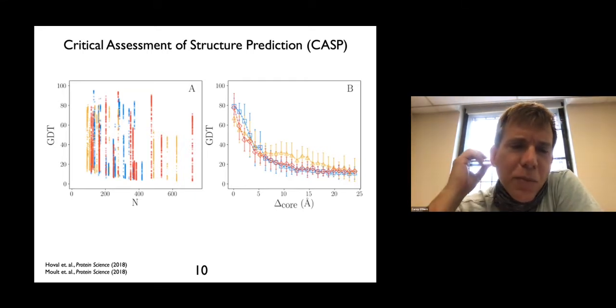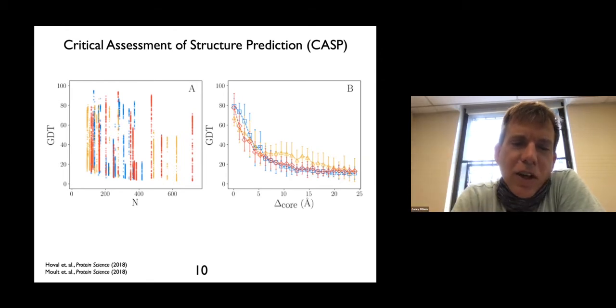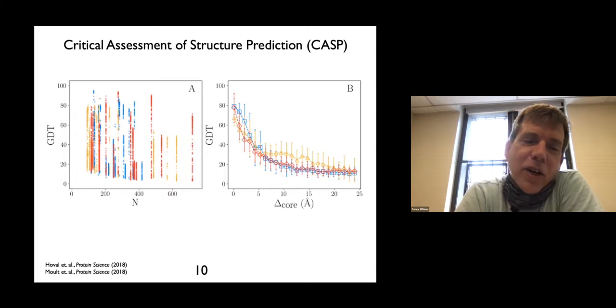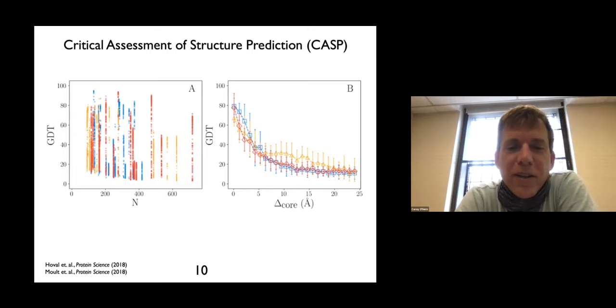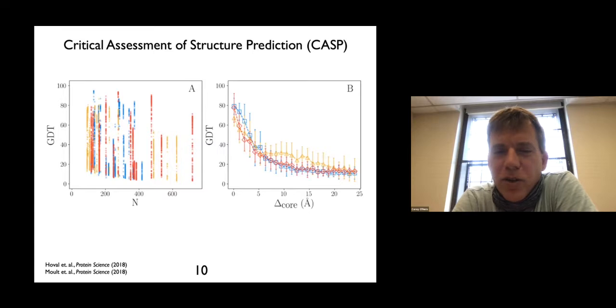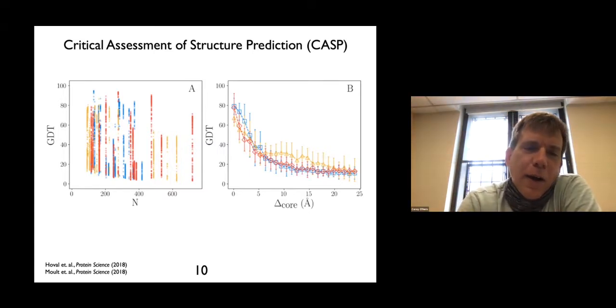And so the left plot is the GDT scores for the computational models for a bunch of targets. The targets are indexed on the horizontal axis by the number of amino acids in the target. Some of the targets were small, around 100 amino acids, whereas other targets were large, greater than 600 amino acids. And then the vertical axis gives you the score for those models that were submitted.